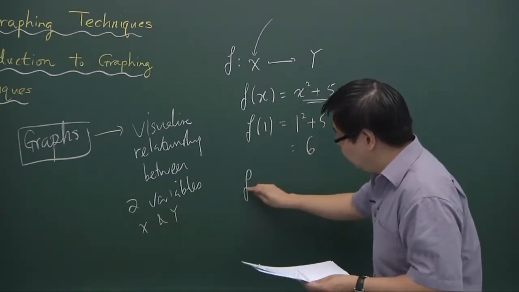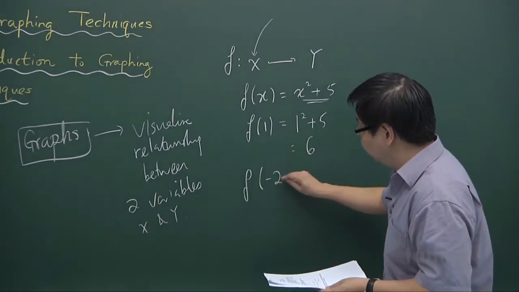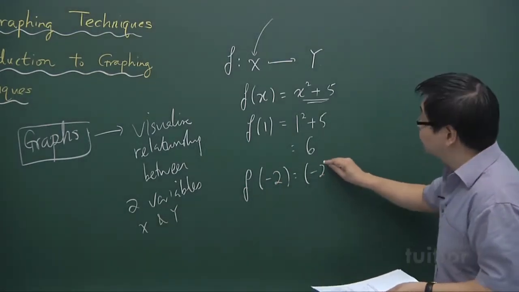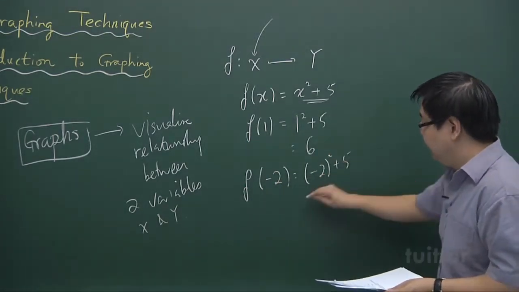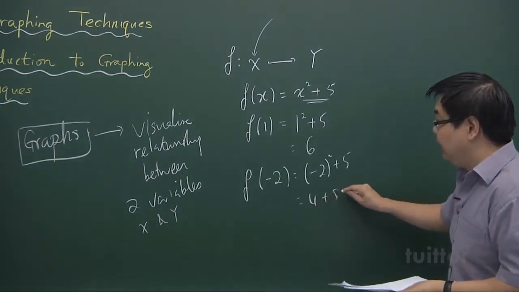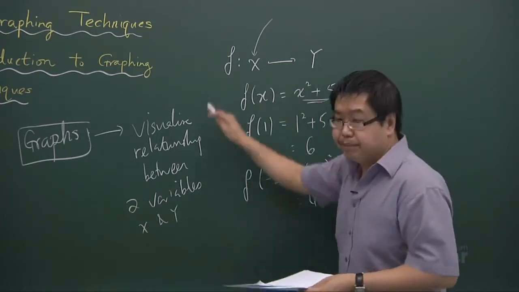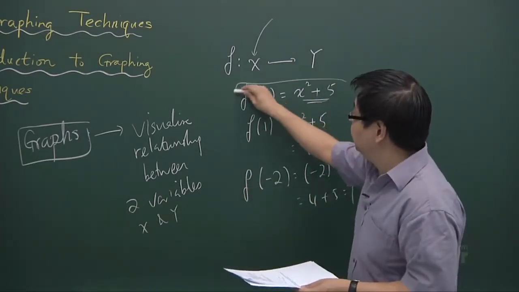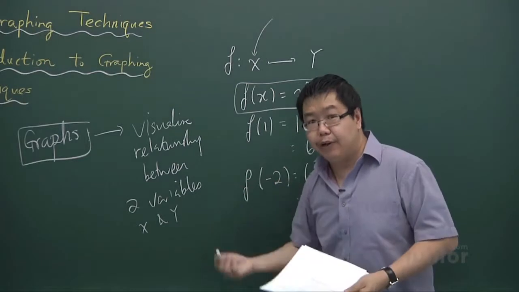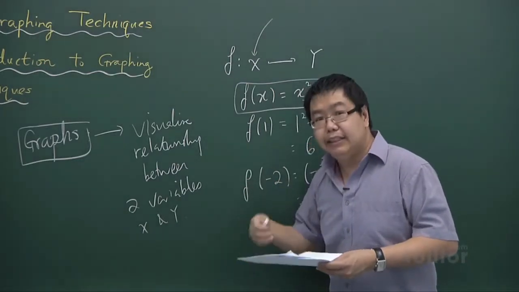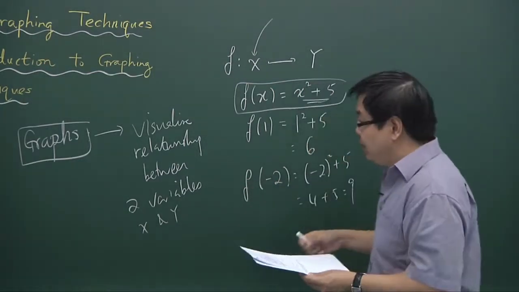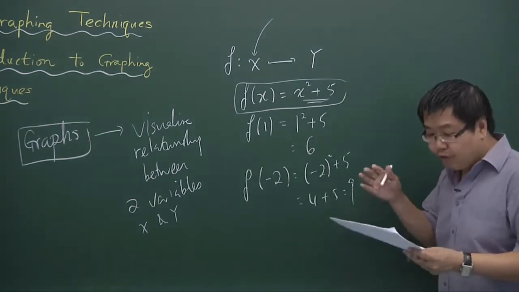Another situation, it maps minus 2 to minus 2 squared plus 5, and that gives you 4 plus 5, and that gives you 9. So if we are to represent this relationship in the form of a diagram, then what we are looking at is the graph. So we need to study some of the characteristics of graphs.